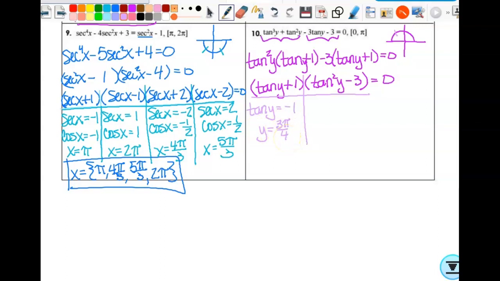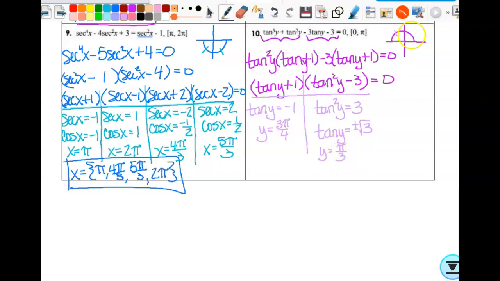Okay, so then here I get that tangent squared y equals 3. I don't want tangent squared, I want tangent, so what do I do? Square root. I'm going to take the square root of both sides, and I'm going to get tangent of y equals plus or minus the square root of 3. So that means I'm going to have a first and a second quadrant angle here. The tangent inverse of the square root of 3 is pi thirds.